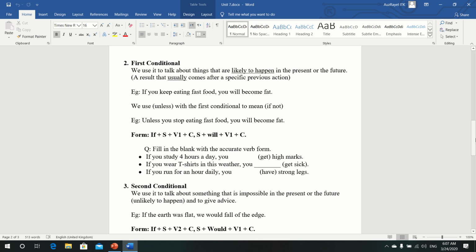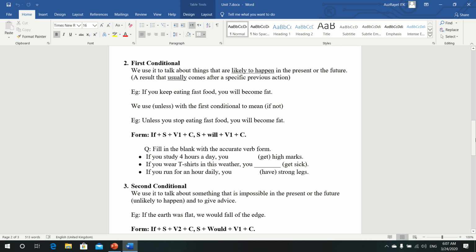Okay? The second sentence says if you wear t-shirts in this weather, you will get sick. Okay, it's most likely to get sick. That doesn't mean for sure you will get sick. Some people wear t-shirts in winter and they do not get sick normally. Okay, but most likely you will get sick.